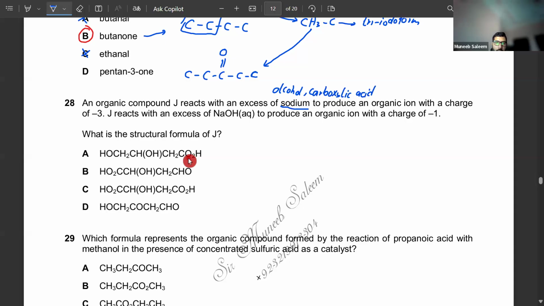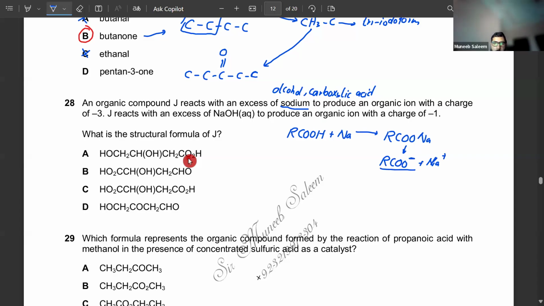Let's suppose a carboxylic acid is reacting with sodium, then it will produce RCOONa, and this compound basically exists as a negative ion along with the plus charge. So this is the ion they are referring to, an organic ion with -1 charge. This is the ion we have to look for.